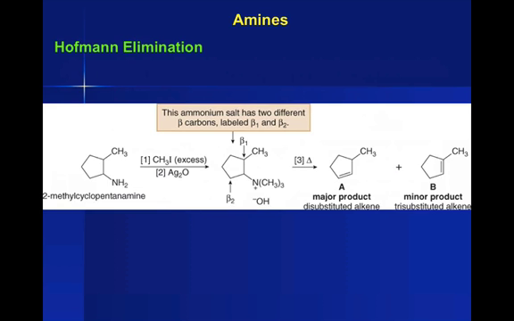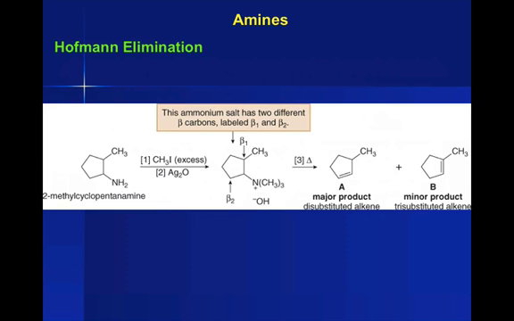So if we look at the molecule, we've got N, and we've got a hydrogen. Let's see, where's the methyl group? Here. Okay, so we've got hydrogen here, and we've got hydrogen here.